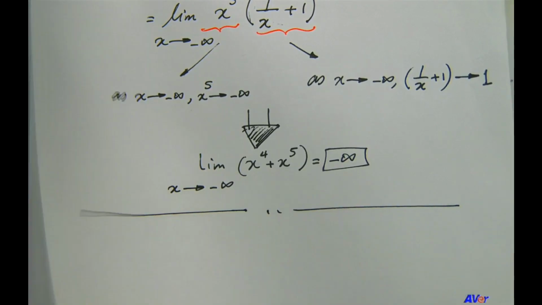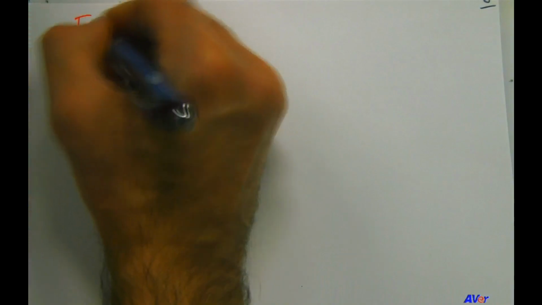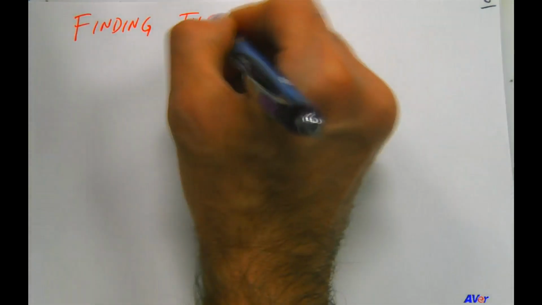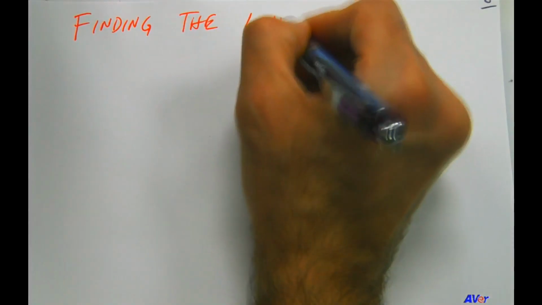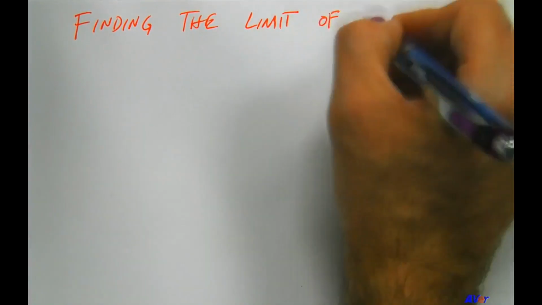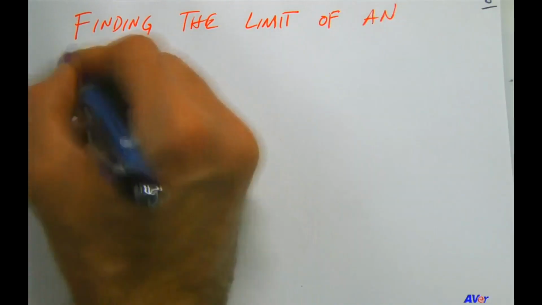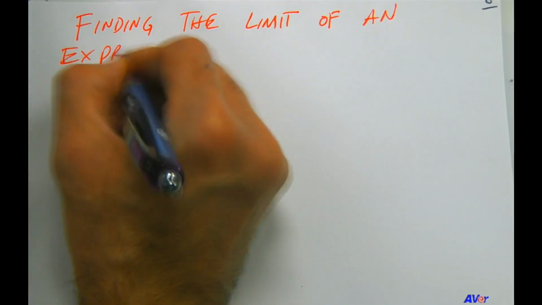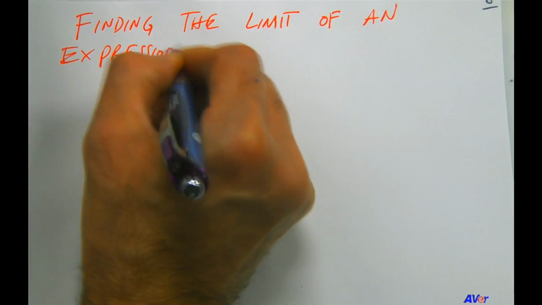Okay, so let's look at another case that we might encounter. So finding the limit of an expression that is not a rational function again, but it contains a radical expression.